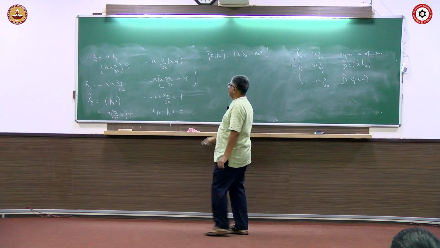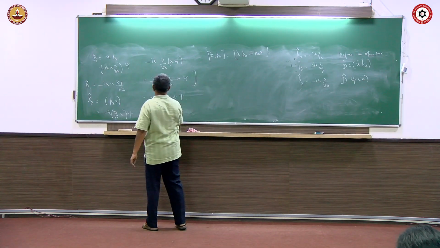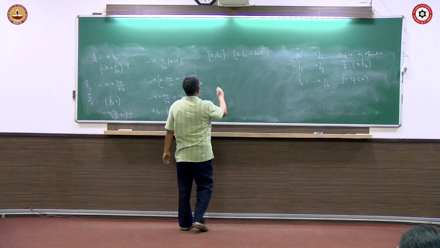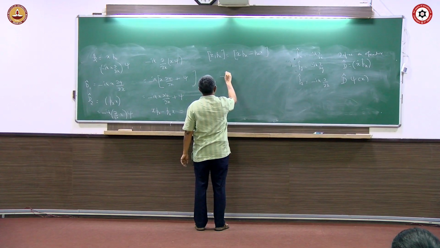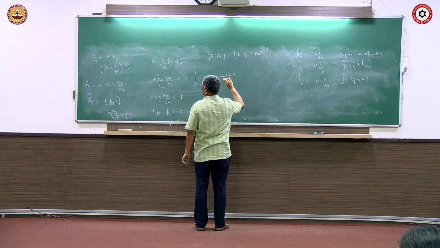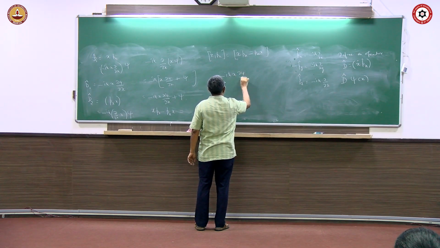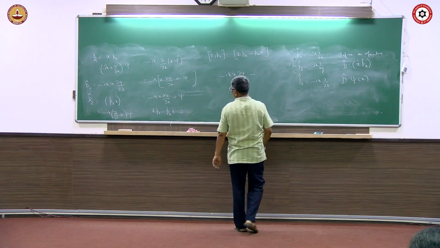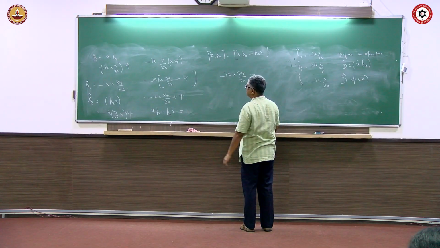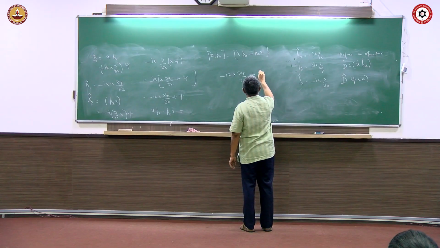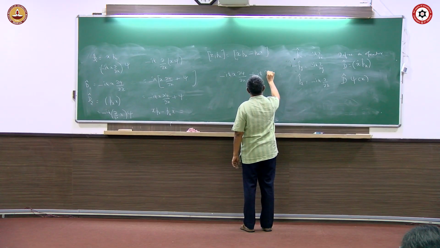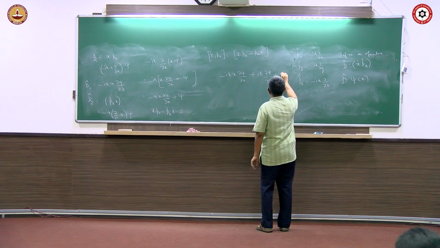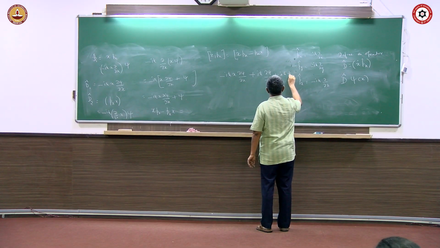The first quantity, x p_x ψ, is minus iħ x ∂ψ/∂x. The second is minus of plus iħ ∂ψ/∂x plus iħ ψ.